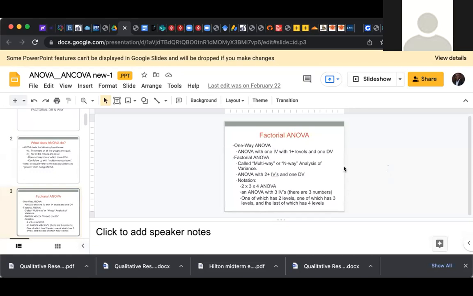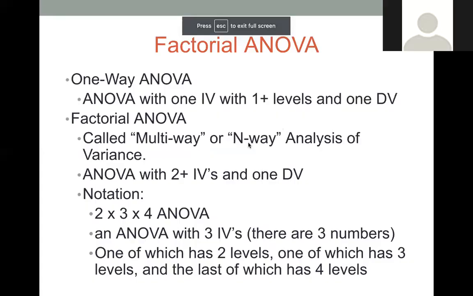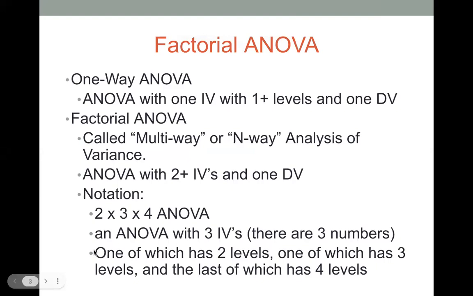Okay, you did good. So we have ANOVA, analysis of variance, and we use analysis of variance when we have two or more groups. The t-test is when you have only two groups.